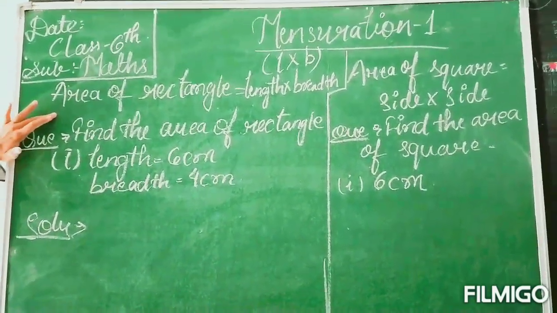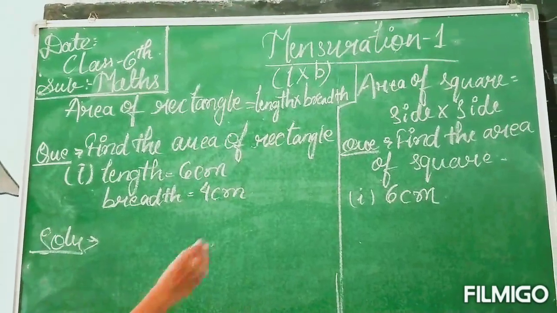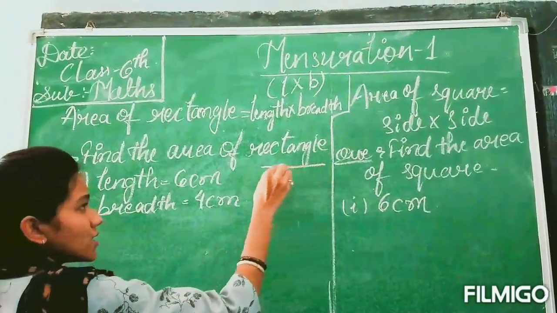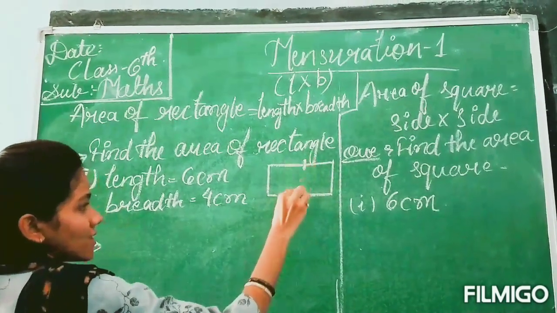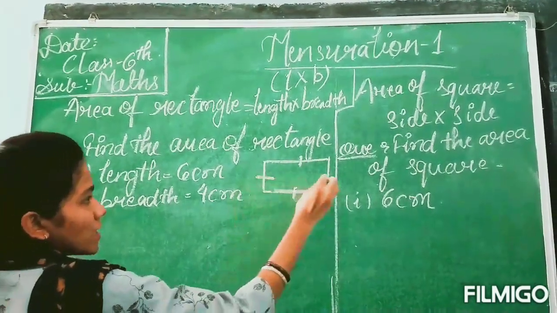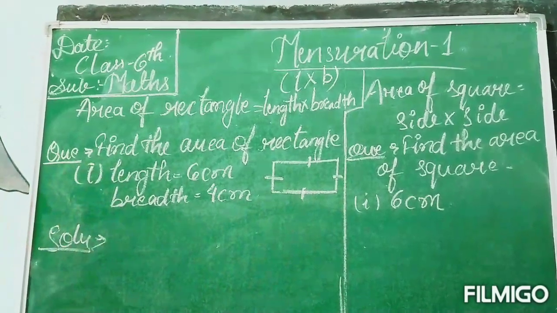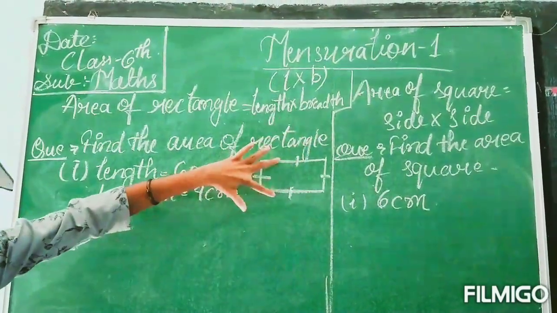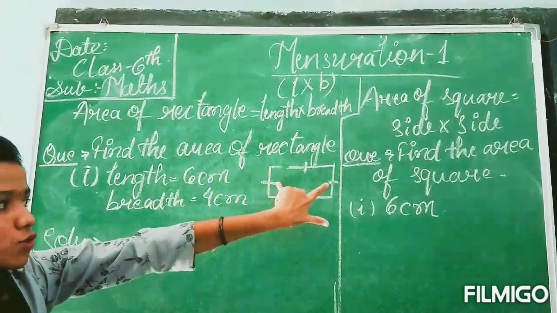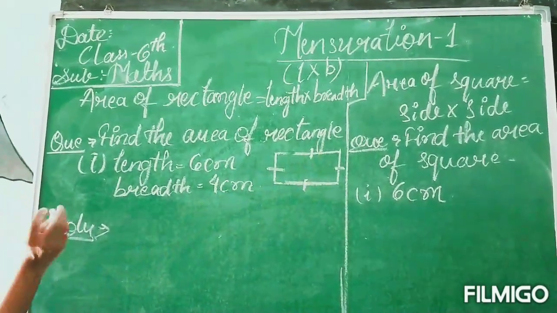Rectangle means the length and breadth are different. Their lengths are parallel but their breadths are not parallel. That's why this formula is length into breadth. So a rectangle has 2 lengths and 2 breadths.